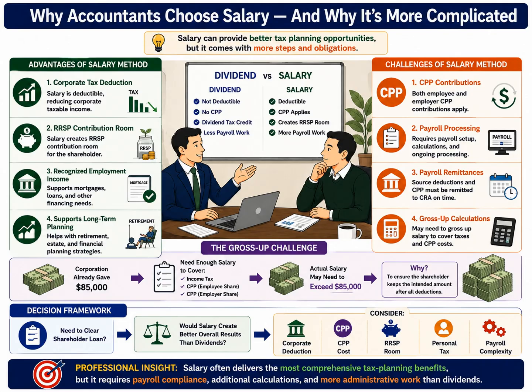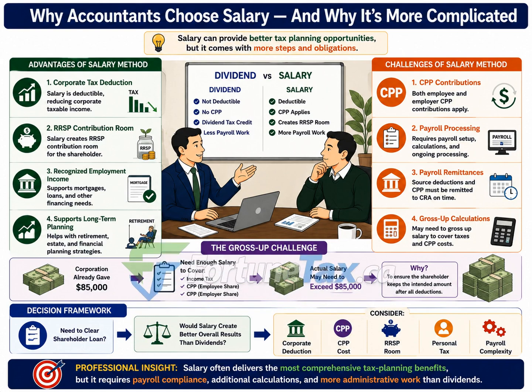And finally, there is the issue of gross-up calculations. This is one of the more difficult concepts for many owner-managers to understand. Imagine that the shareholder has already withdrawn $85,000 from the corporation during the year. If we decide to treat that amount as salary, we must still account for income tax withholdings and CPP contributions.